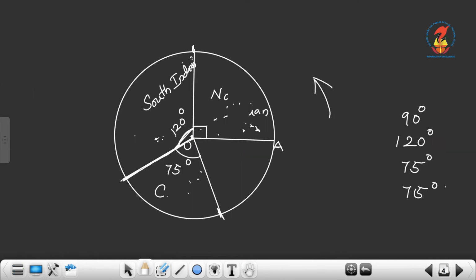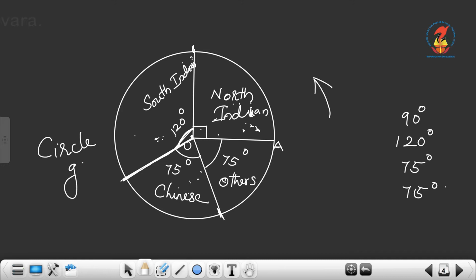Chinese. North Indian, then Chinese 75 degrees. Then the remaining will also be how much? 75 degrees. So others. If you want, you can color these sectors, and this graph is known as a circle graph.